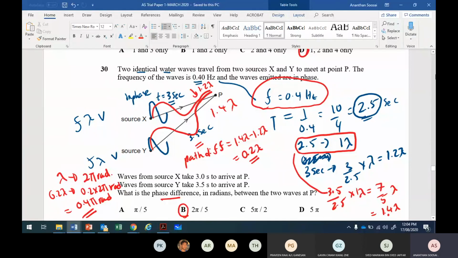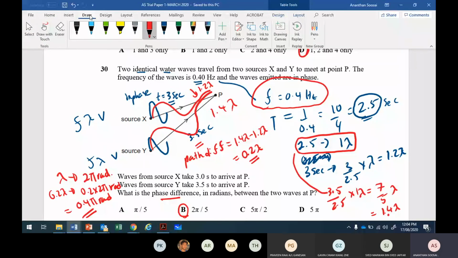So let me sketch again. Let me clear this. Okay, let me explain this drawing. They are asking what the phase difference is for the two waves that meet at P. What do you do?